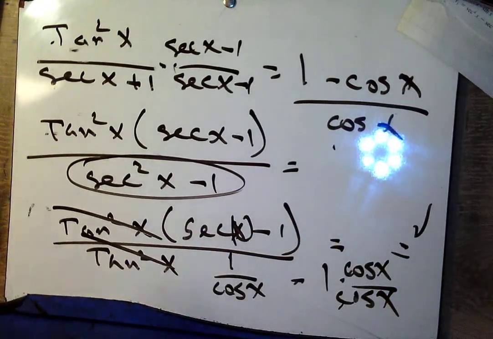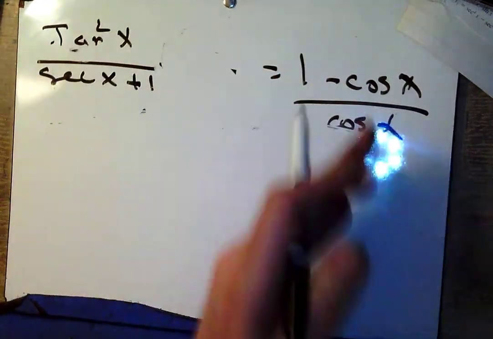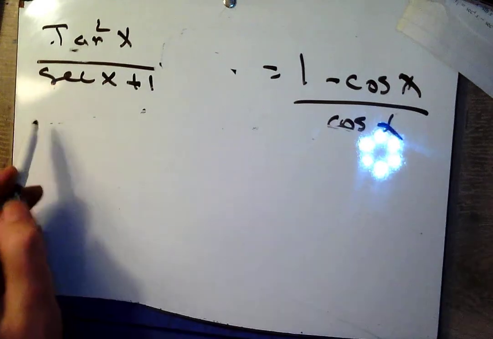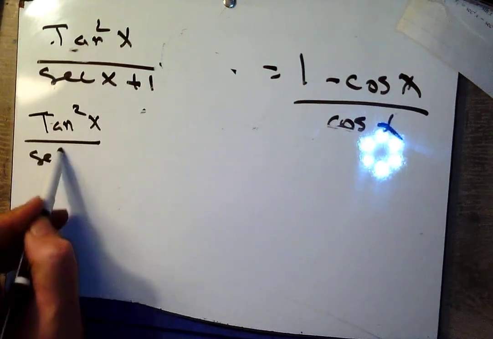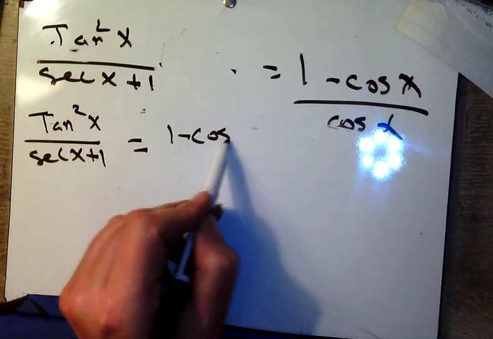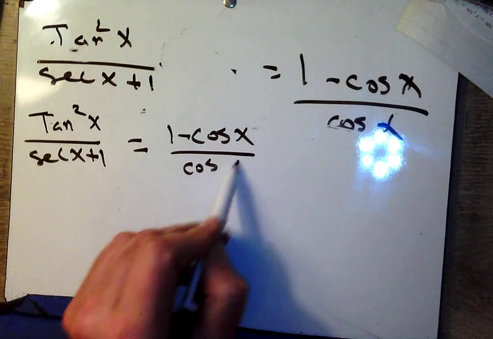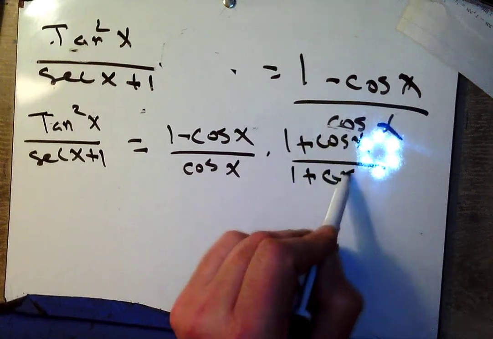Okay, that's with the working the two different ways on the left side. Now let's work on the right side. What if we used conjugate? We're trying to make tangent squared x over secant x plus 1, and over here I'm saying, hey, what about conjugate? Could that work? Let's take a look. 1 plus cosine x over 1 plus cosine x.